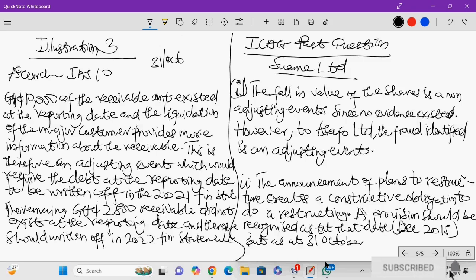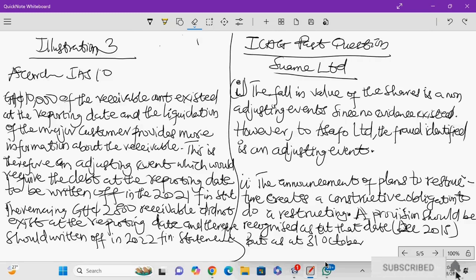I was thinking it is 31st October, and then they made the announcement as at December 2015. So from November to December downwards, they are all after the reporting date.